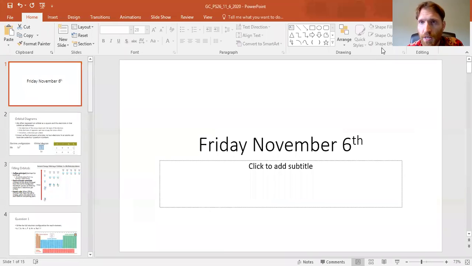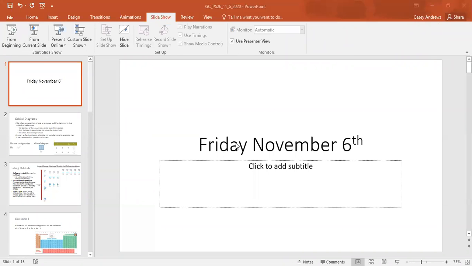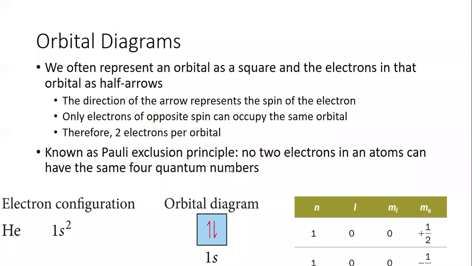And today we are going to continue our discussion on quantum mechanics. And we're going to look at where electrons are around the atom still. All right. So the first thing we're going to talk about are our orbital diagrams.